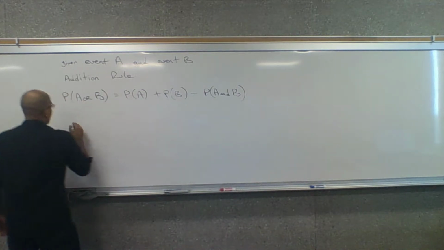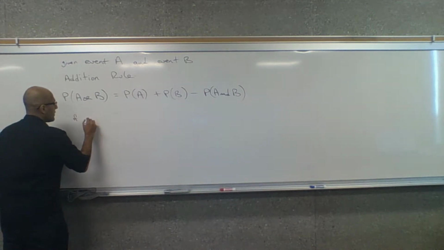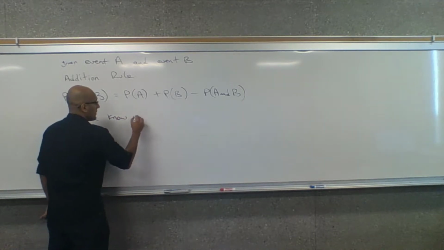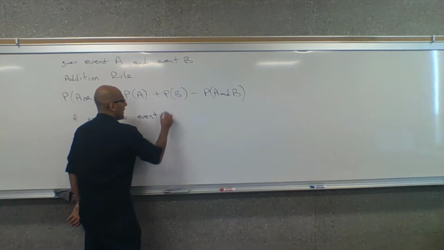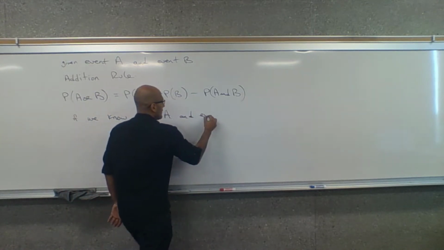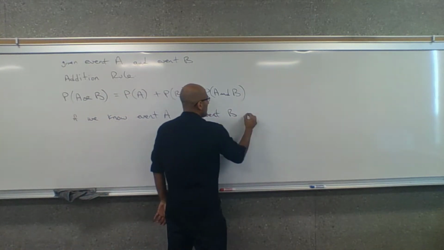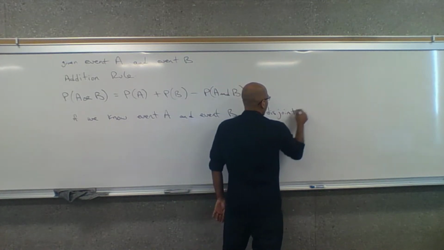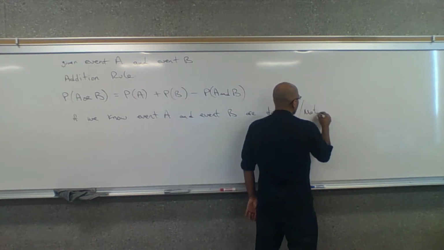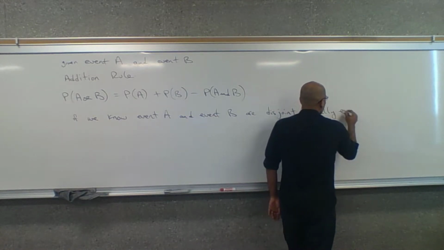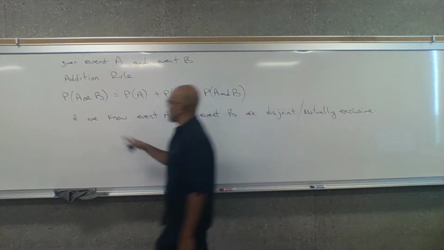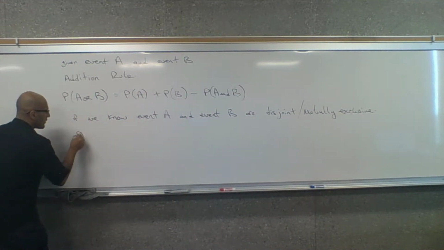So if we know event A and event B are disjoint, or mutually exclusive, then this formula simplifies just a little bit.